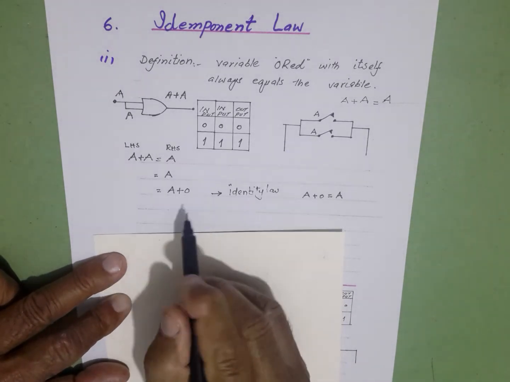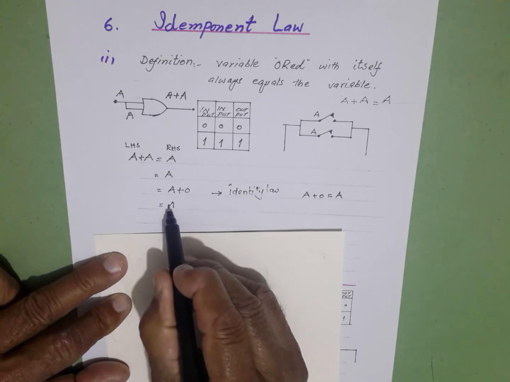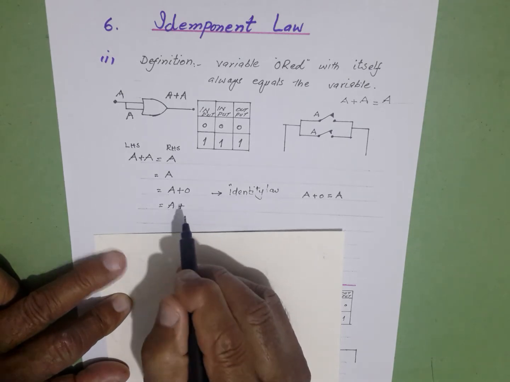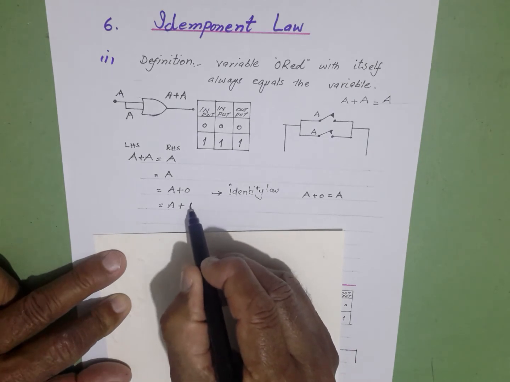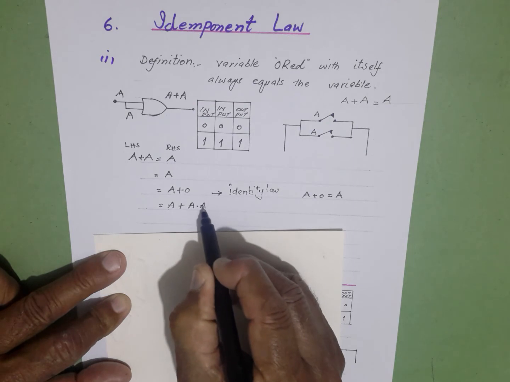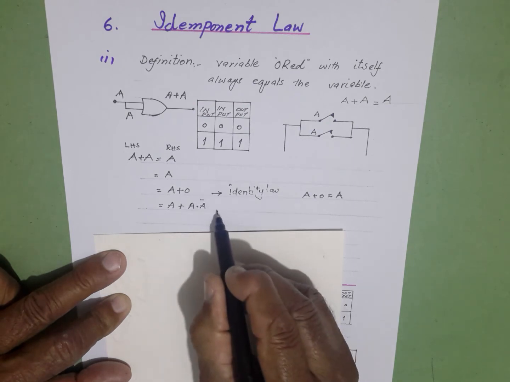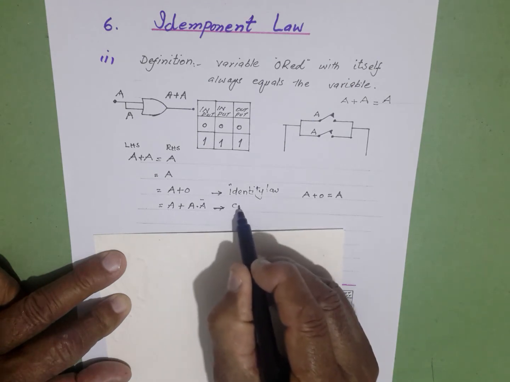Now this can further be written as A plus A bar times A, and this is nothing but complement law.